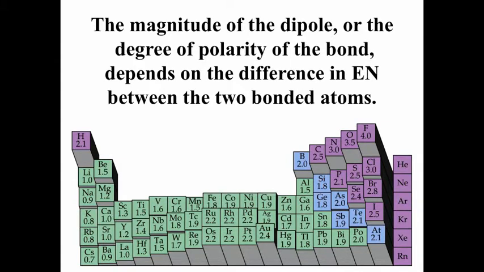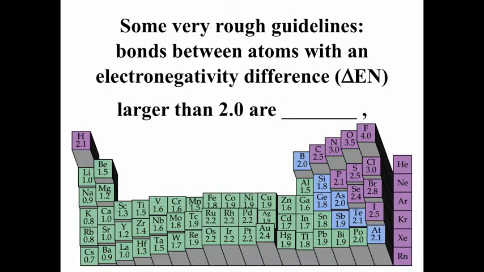Now, how big the dipole is, the magnitude of the dipole, which corresponds to the degree of polarity of the bond, depends upon the difference in electronegativity between the atoms that are bonded together. Now, this is a continuum, but as a very rough guide, what we say is that when the electronegativity difference between two atoms is quite big, like 2.0 or larger, then we essentially have ionic bonding.